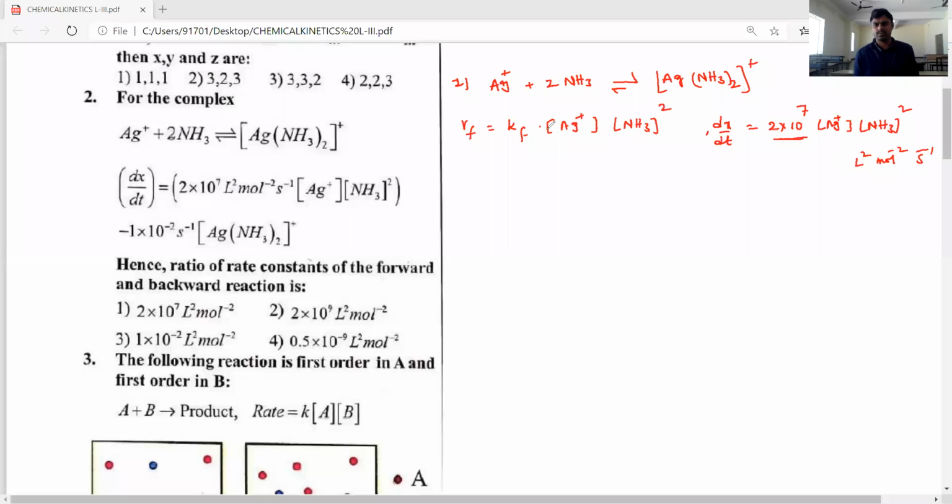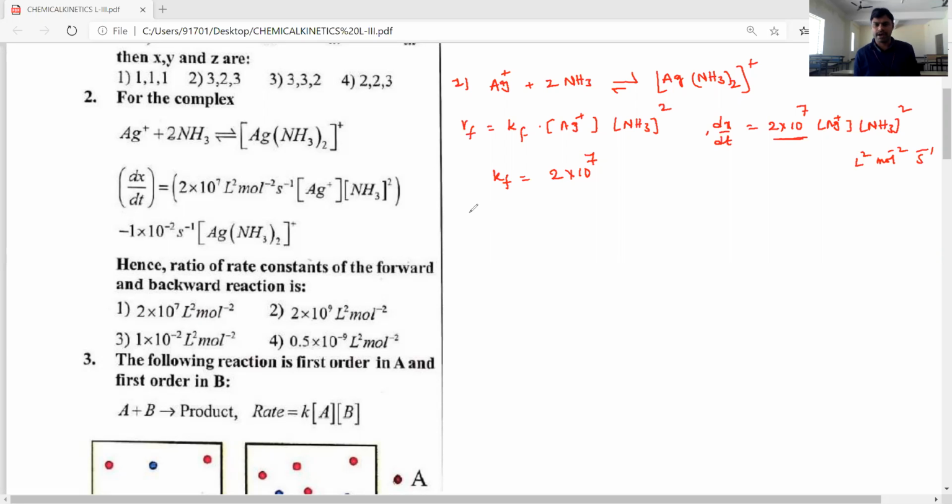What is the difference between both? It is the concentration of Ag+ ions into ammonia whole square. Then Kf is equal to 2 into 10 to the power of 7, the forward reaction rate constant.